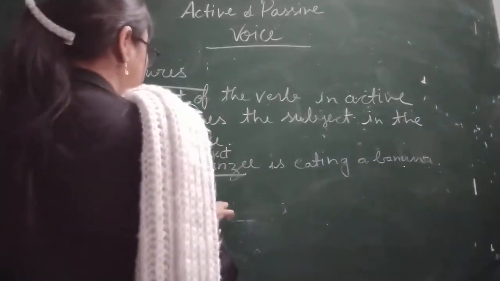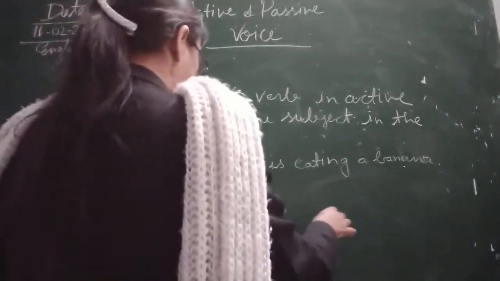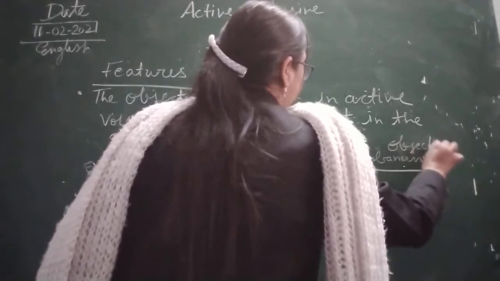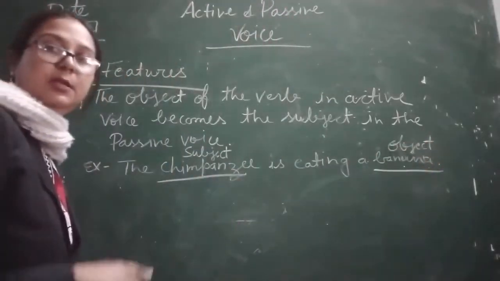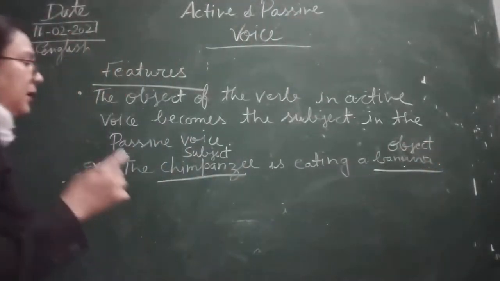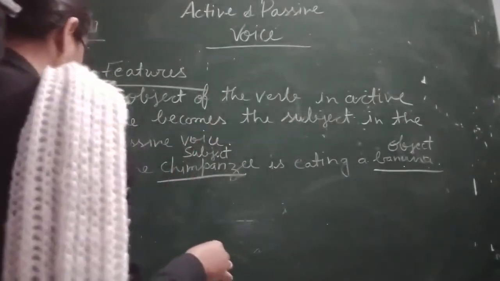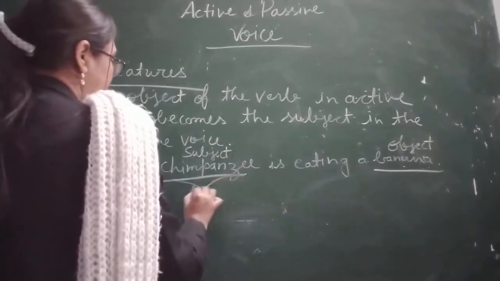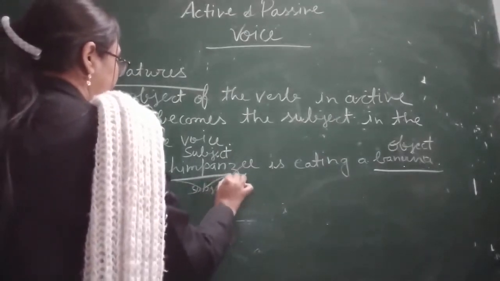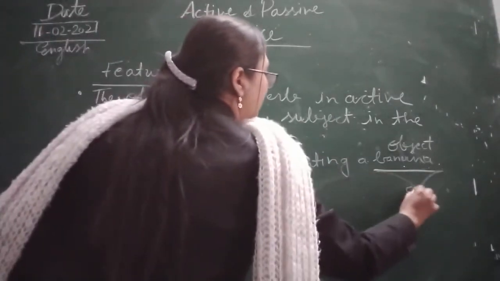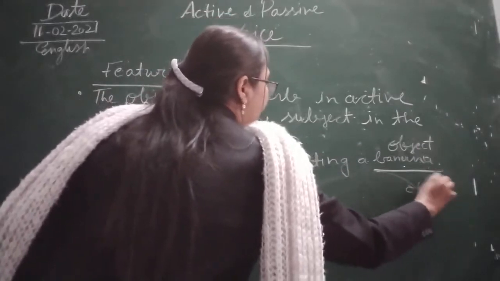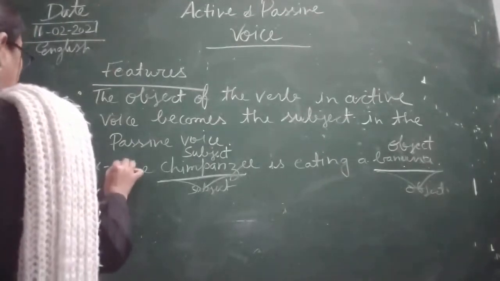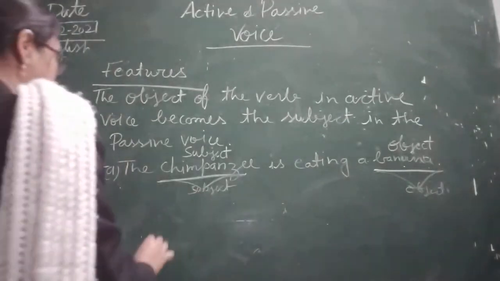The subject is eating a banana. Now here banana is the object. As the first feature is telling us, subject becomes object and object becomes subject. Now here this is the subject and this is the object children.